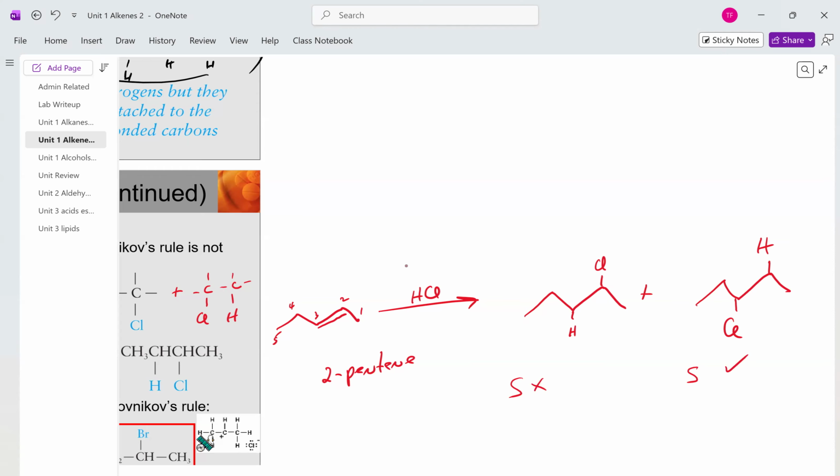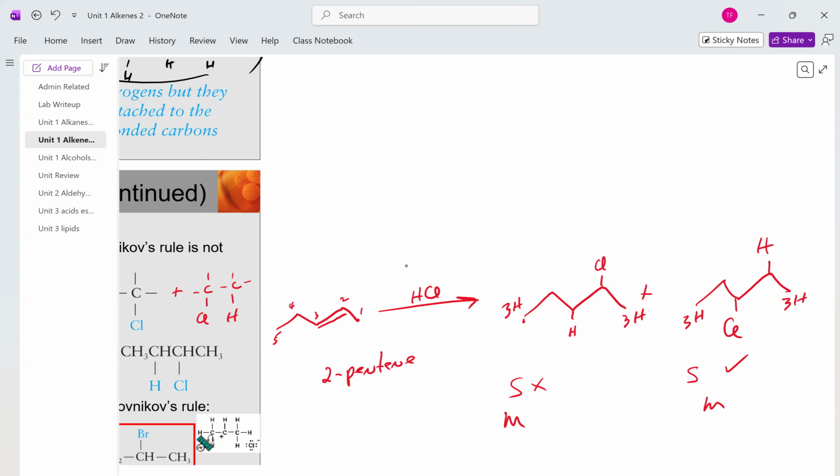What about the Markovnikov rule? Let's look at terminal hydrogens. Okay, we have how many here? 3 hydrogens there. 3 hydrogens here. 3 hydrogens here. 3 hydrogens here. So what would Markovnikov predict the most stable?